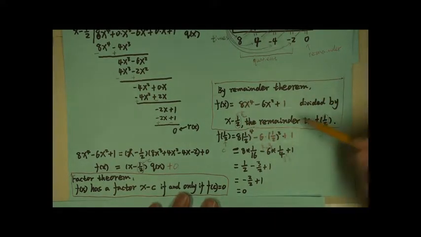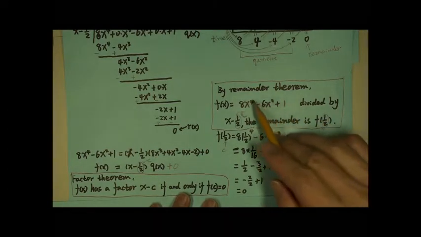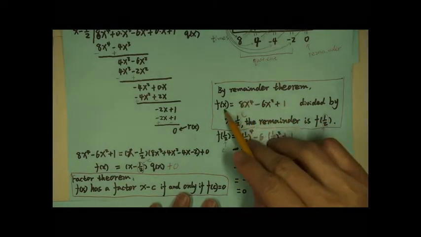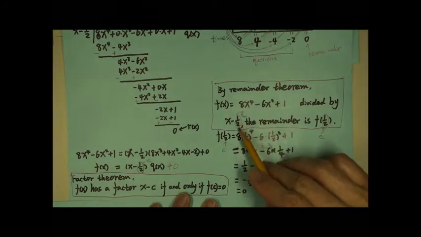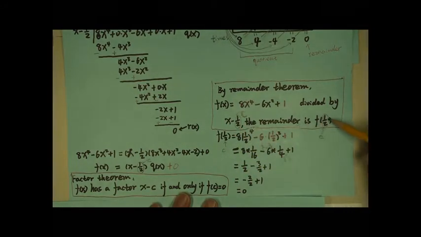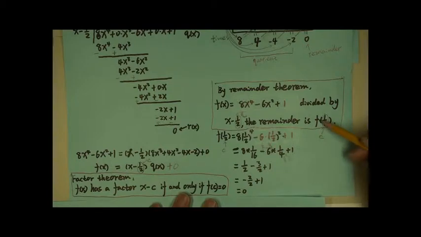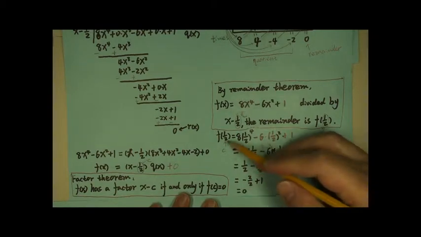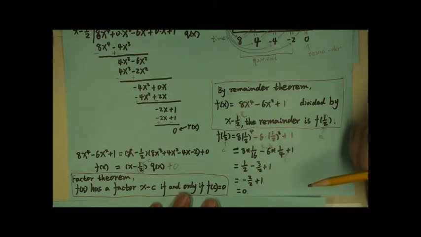Again, if here is 1/2, here is 1/2. So this polynomial f of x divided by x minus 1/2, the remainder is f of 1/2. f of 1/2 is 0, so it tells us the remainder is 0.